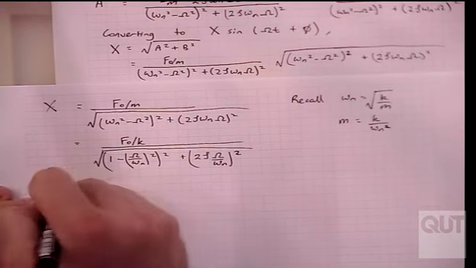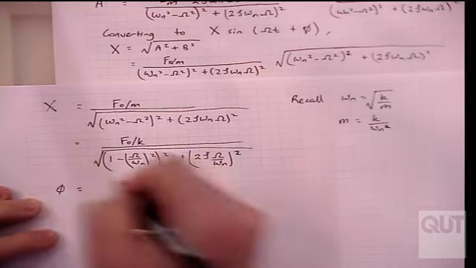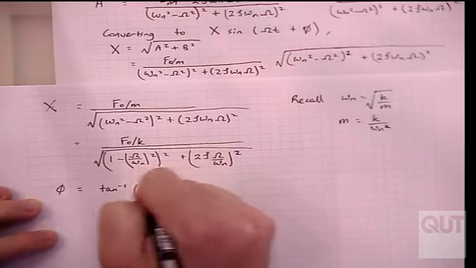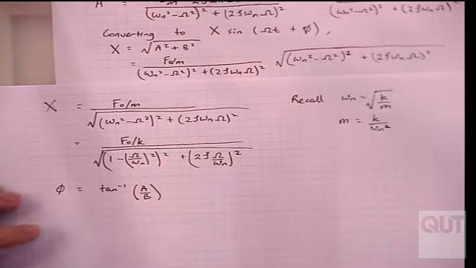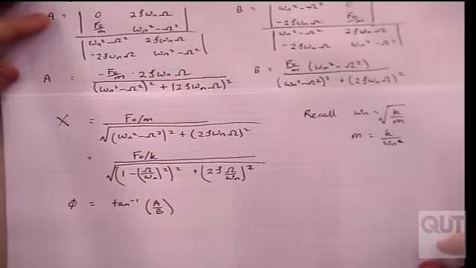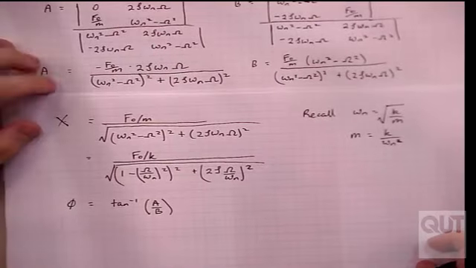Now, if we want to solve phase, we want to take the arctan of the cos coefficient divided by the sine coefficient. So the arctan of A on B. Remembering, up here, that's what A and B were solved to equal.